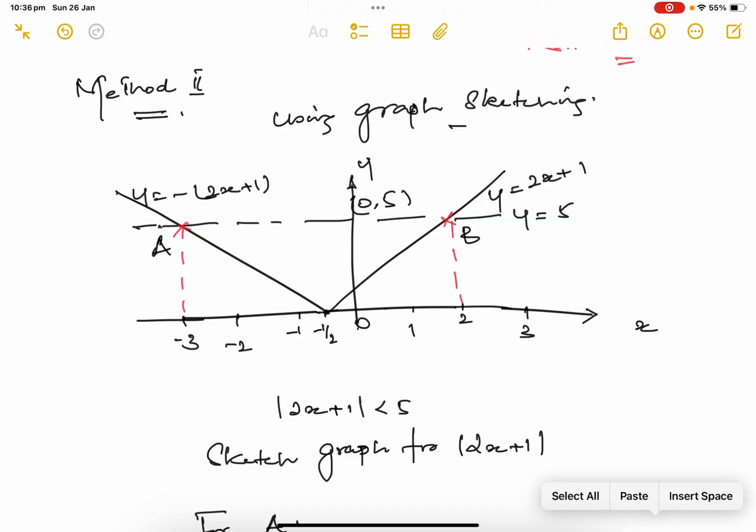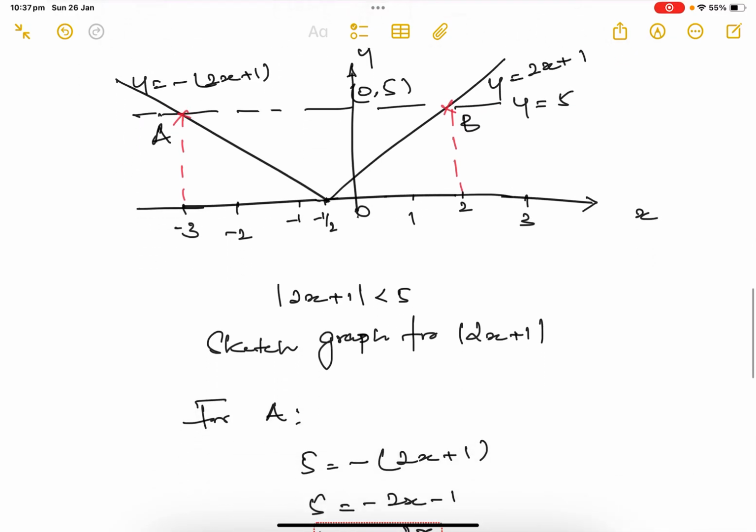The reason I put a dotted line is that it's not equal to 5, it's less than 5. So anything below that line, this modulus curve, is the limit we need to find. If you look at it, on the left hand side it cuts at A, and it cuts at B on the right hand side. So if we find the values for A and B, then we get the answer.